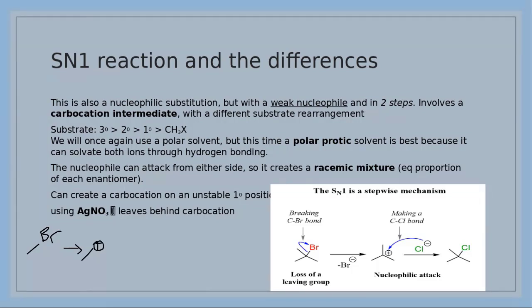But the way we can work around this is if we use AgNO3. The AgNO3 is soluble, so it splits into silver ions and nitrate. The silver can grab the halogen, become insoluble, and leave behind a carbocation. So this can be used for the SN1 reaction if we need to get a primary carbocation. This will be explained more in Tyler's lecture, I think. So don't worry if you didn't get it this time.